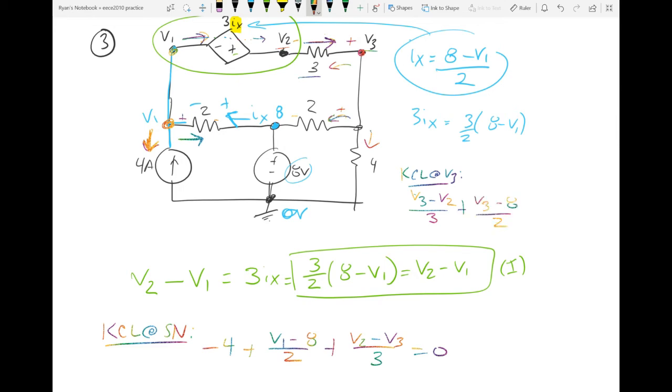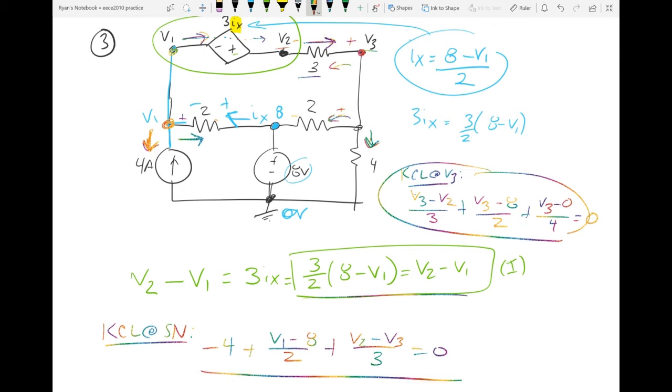You're looking at V3 on this side to 8 through that 2 ohm, and then down you're going from V3 to the ground through the 4 is equal to 0. And so that would be your 1, 2, 3 equations. You just have to reorganize them into, this times V1, this times V2, this times V3 equals what. That way they're in the proper equation form.